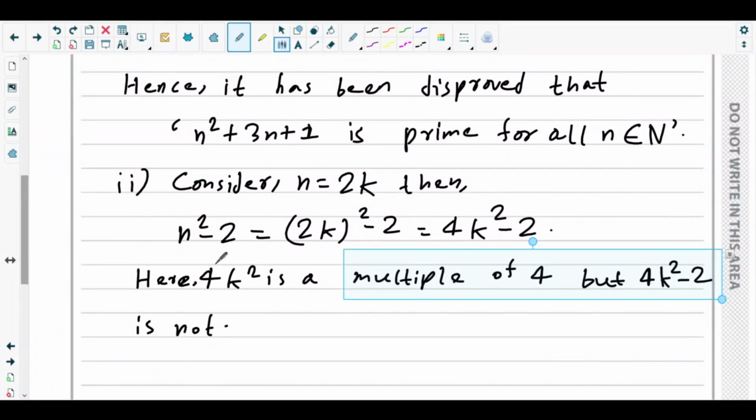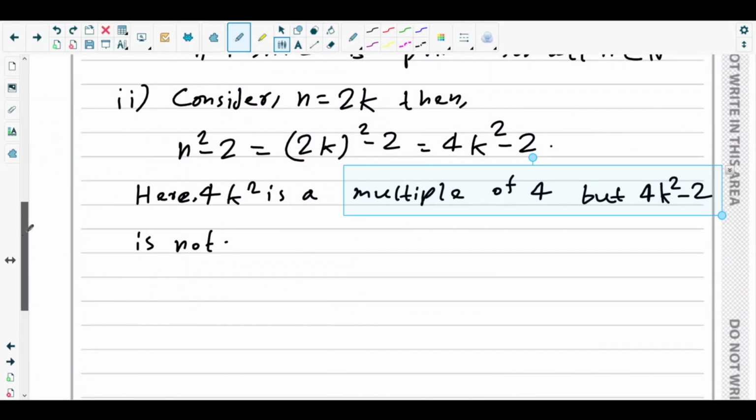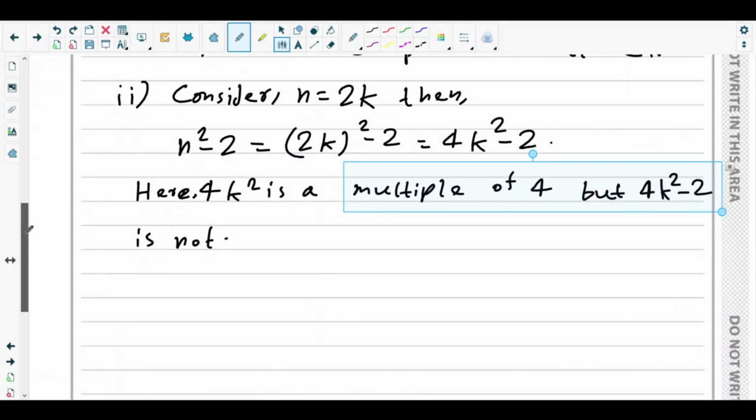So for the first case we have shown that if n is even, then n squared minus 2 is not a multiple of 4. Done. That means the first step is done, and we have proved it for all even numbers.